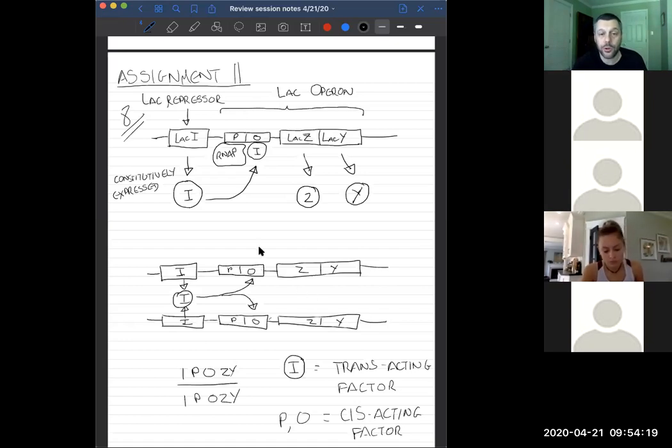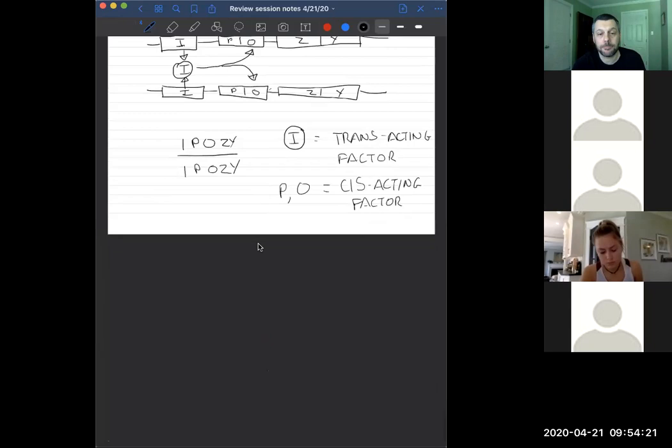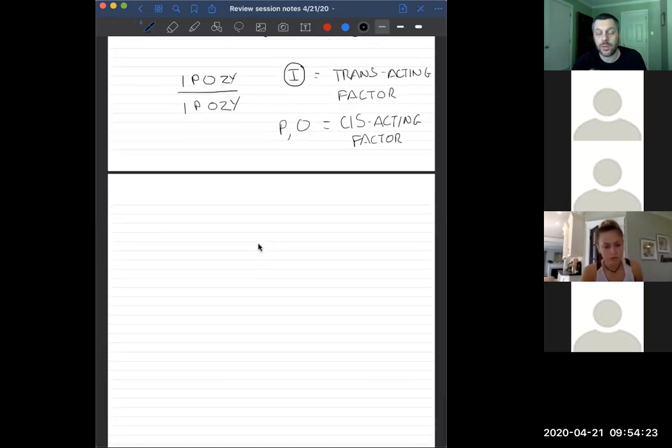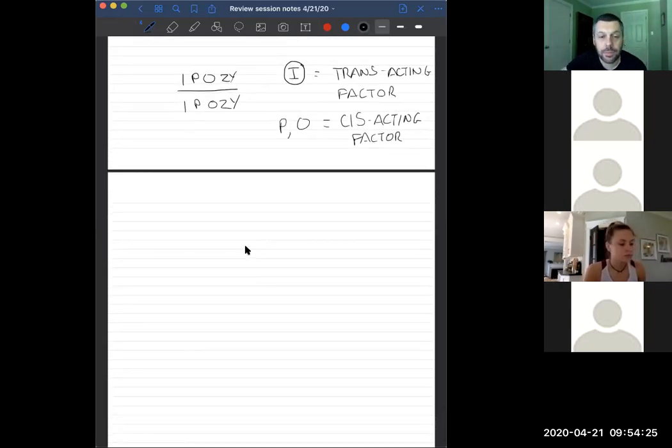And I'll go through an example to show you why, and then you guys will be glad to hear we can conclude. So let's do C. If you look at C, this is what the question looks like.